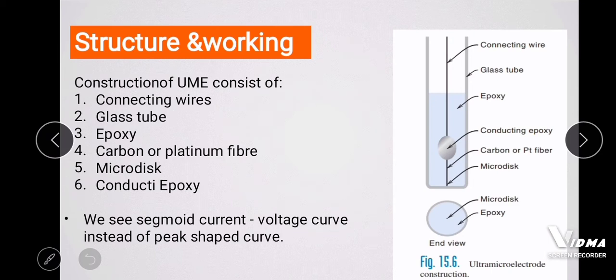Microdisc is basically an ultra micro electrode. Then there is adhesive. Basically, adhesive consists of an epoxy resin, which is also called silicon, filled with any metal or conductive carbon particle. We see a sigmoid current voltage curve instead of a peak shaped curve.